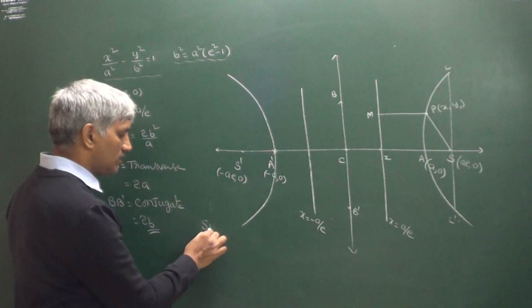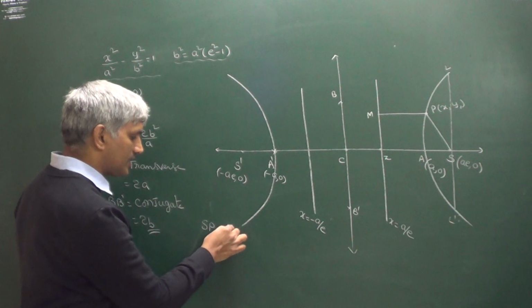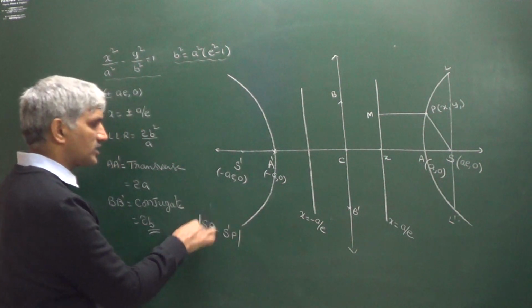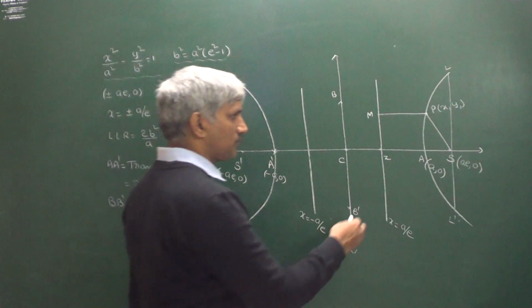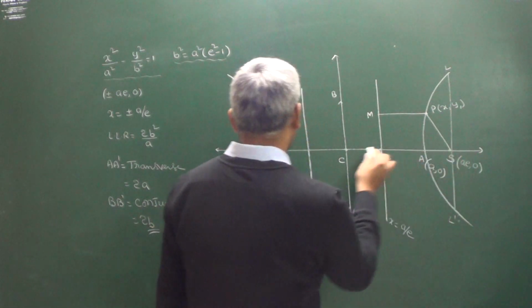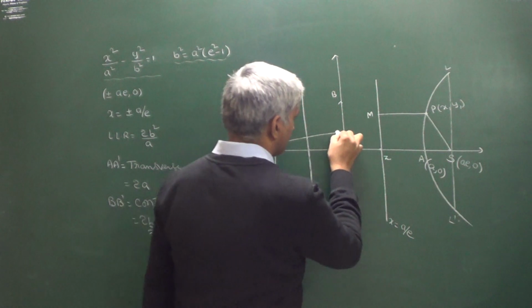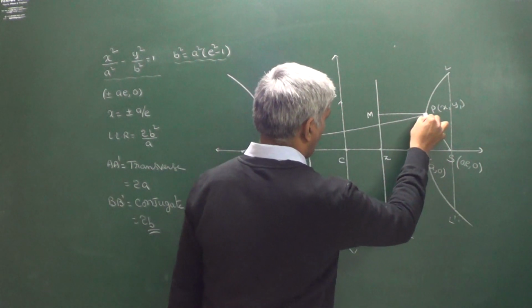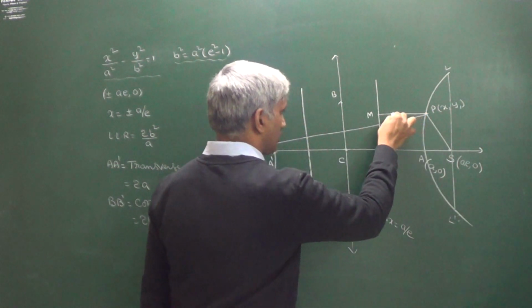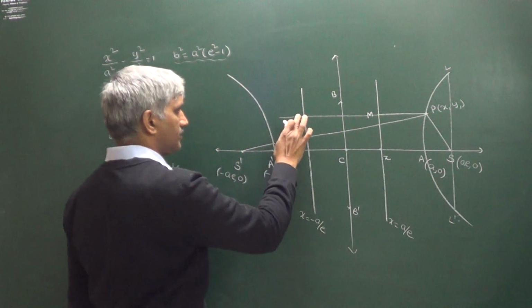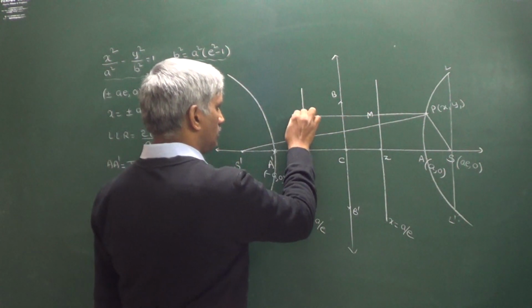Earlier we discussed the sum of the focal distances, but now we look at the difference of the focal distances. This is SP and the next one is S'P. This is the focus corresponding. From point P onto this line, this is M'.